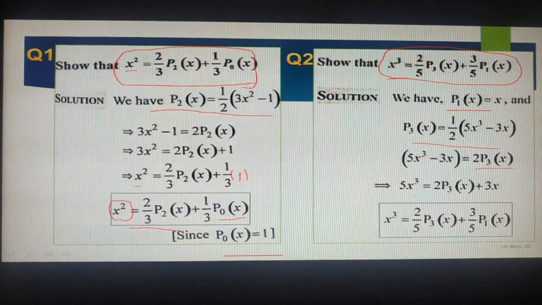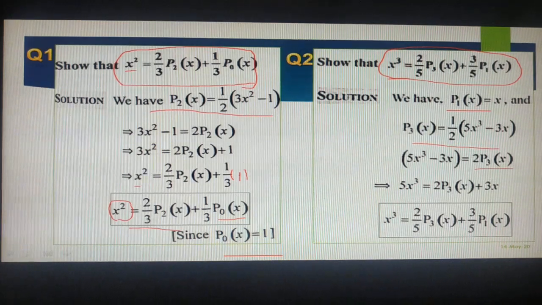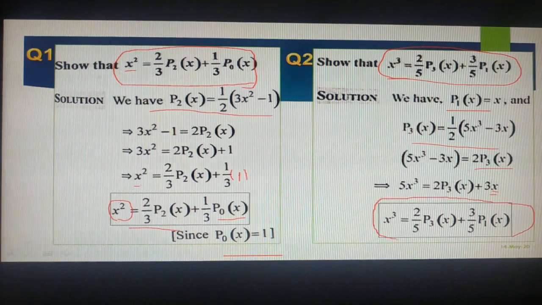We are solving for x cube, so 5x cube is equal to 2 P3 of x plus 3x. Therefore x cube is equal to 2 by 5 P3 of x plus 3 by 5 into x, and x in terms of Legendre polynomials is P1 of x.